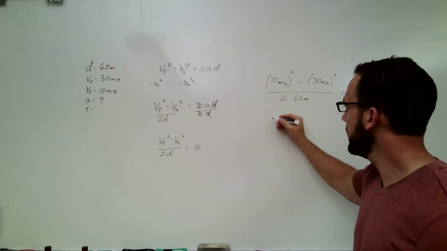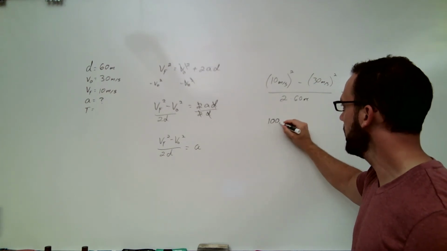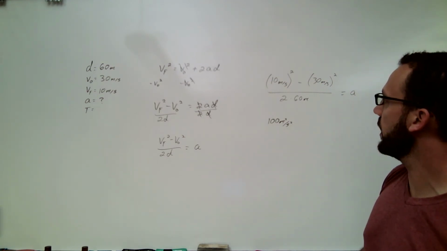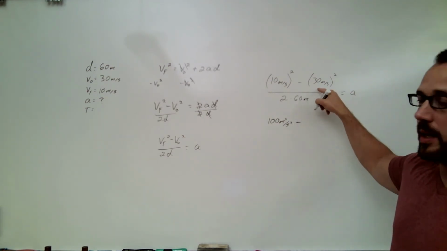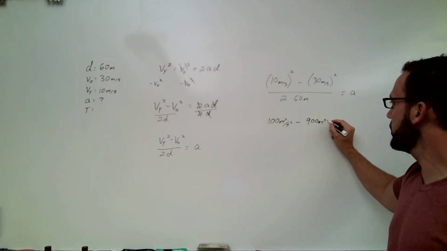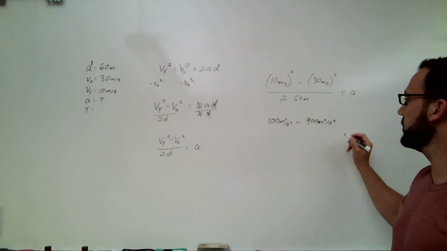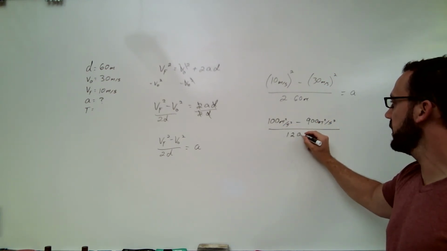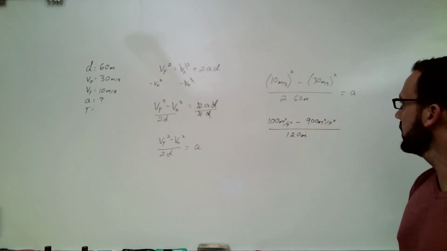10 squared is going to be 100, but I have to square the units too. So that's meters squared over second squared. 30 squared is 900. And again, I have to square my units. So that's meters squared per second squared. And 2 times 60 is 120 meters.